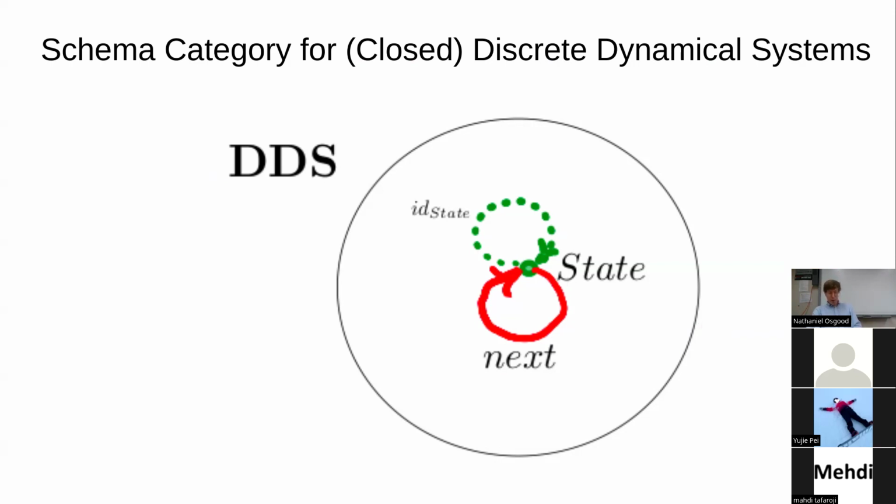And we're going to have, beyond the obligatory identity morphism on state, a functor called next. And I'm going to submit to you that this category can represent, if we consider mappings of it into a set, different dynamical systems.